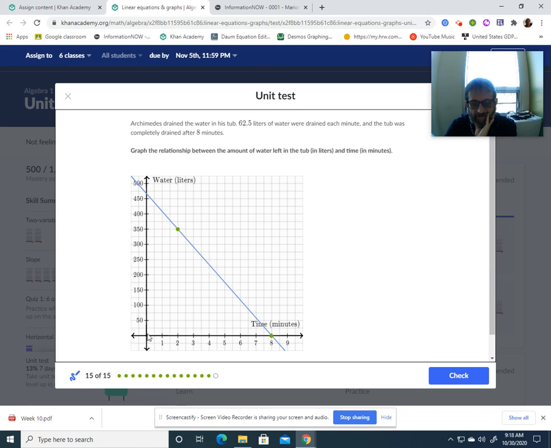Now, these are not easy to do, so I'm actually going to double that so I can get rid of that decimal. If I double that, what is that? 125. So 2 minutes before, it would have still had 125. That's halfway in between 150 and 100. It would have still had 125 liters of water in it.